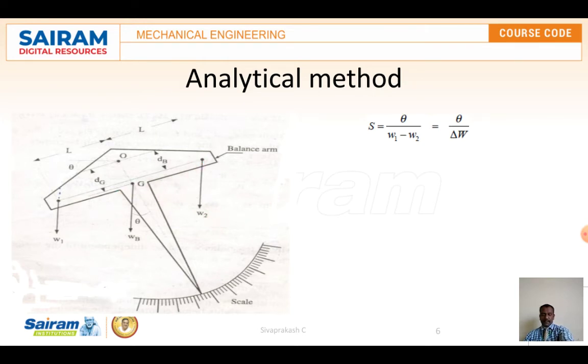W1 is the unknown force and W2 is the known force. Then G acts as the center of gravity. Exactly in the balance arm, the weight WG acts on the center of gravity.